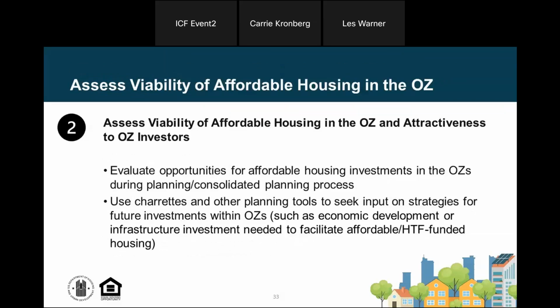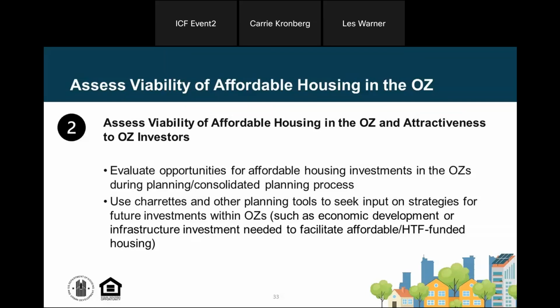Okay, so next you want to assess the viability of affordable housing in the opportunity zone. So you're taking a look at an opportunity zone and asking, what's the character of that area? This can be done while the grantee is going through its periodic planning and consolidated planning process. Here's when they can evaluate opportunities for affordable housing investments in the opportunity zones within the state.